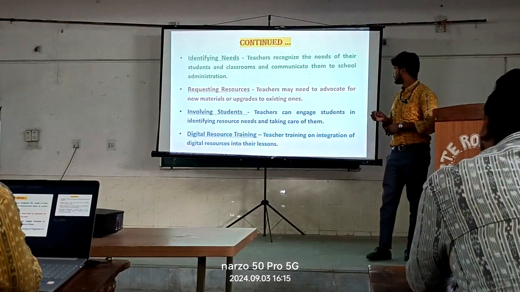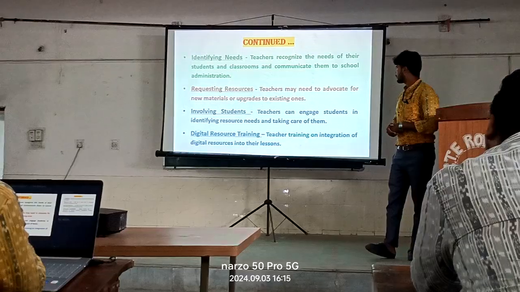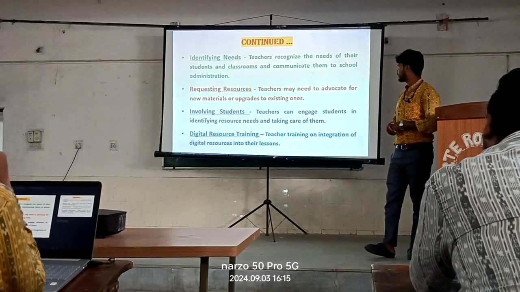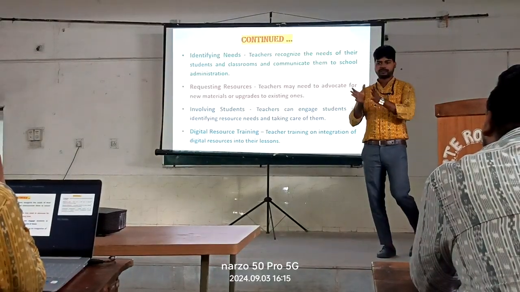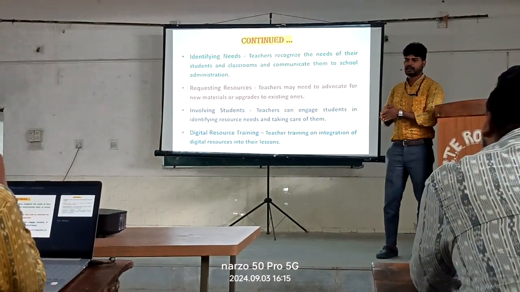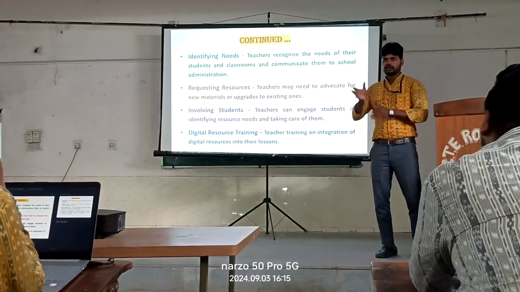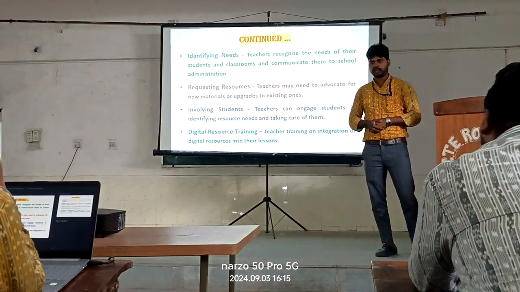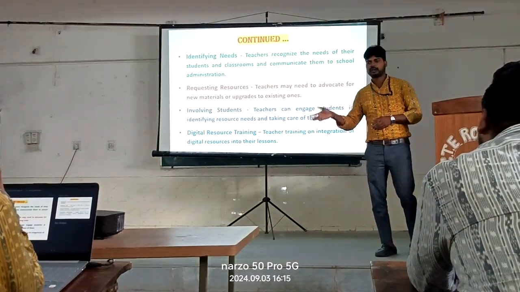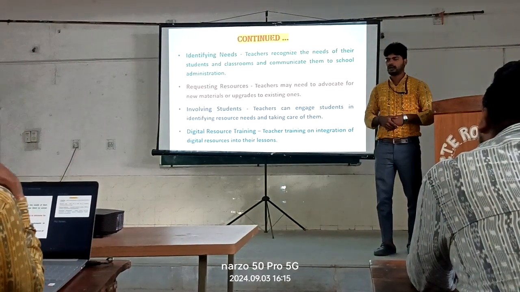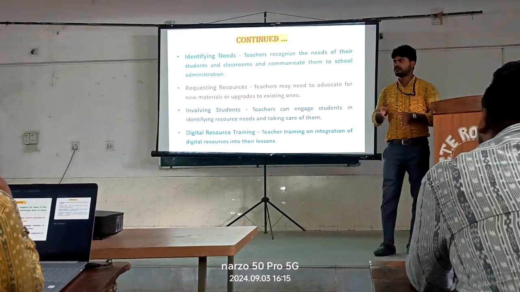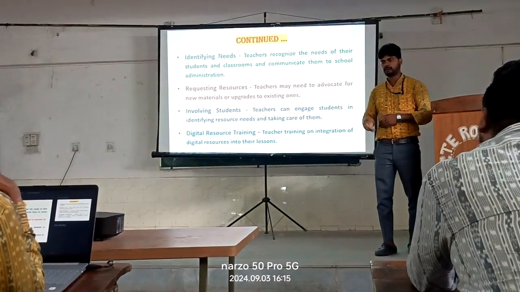Requesting resources. A teacher may need to advocate for new materials or upgrades of existing ones. Here, for example, we take our college. We have a library, but since the college was shut down for 2-3 years, there was a lack of updating of library books.